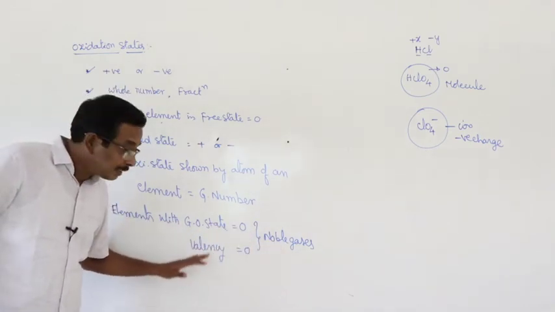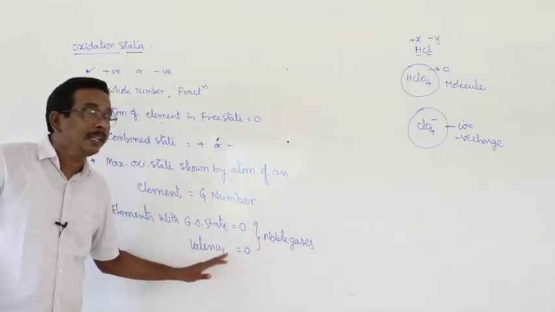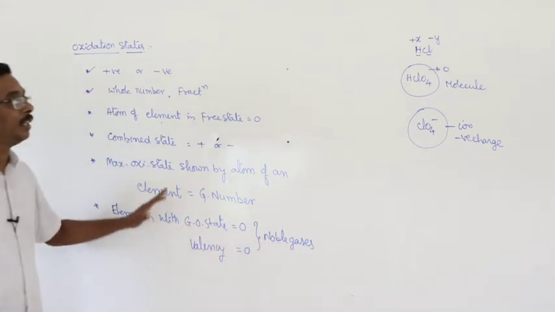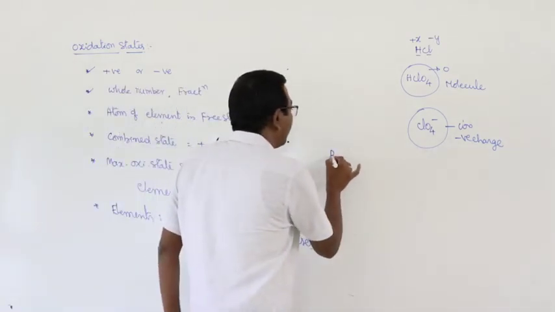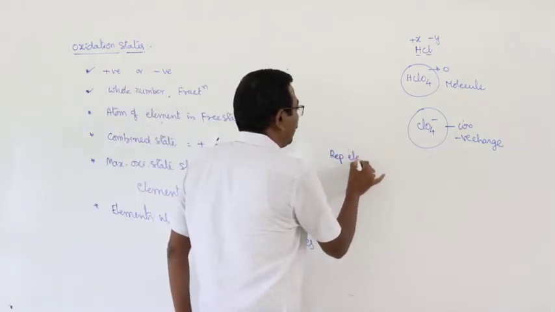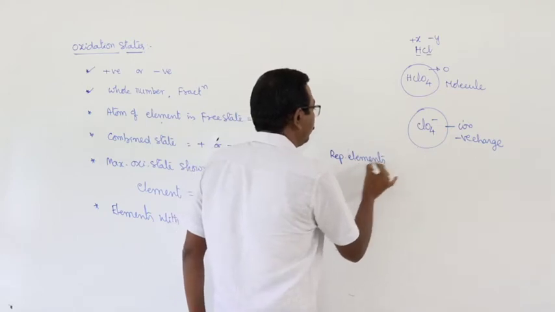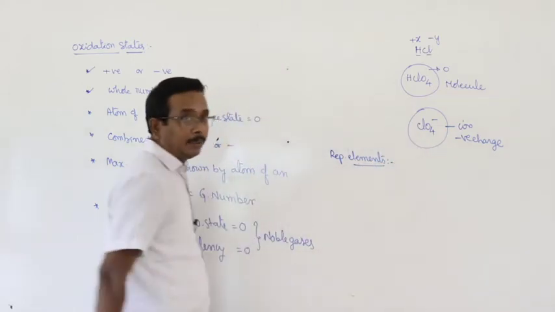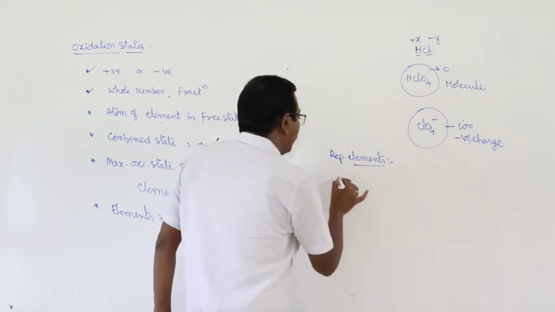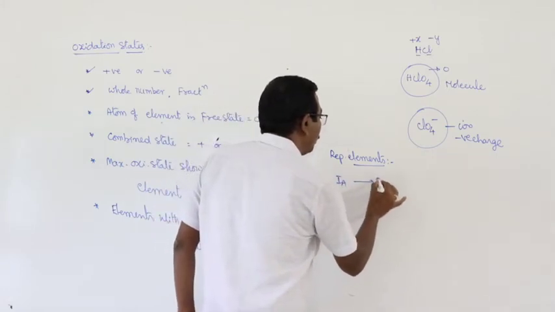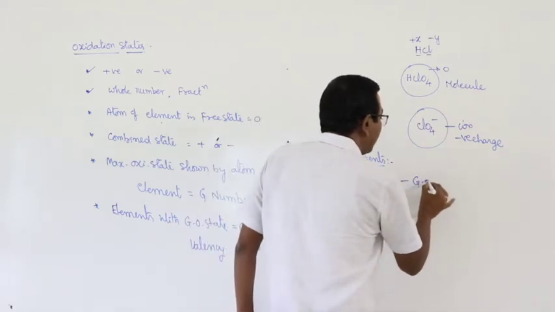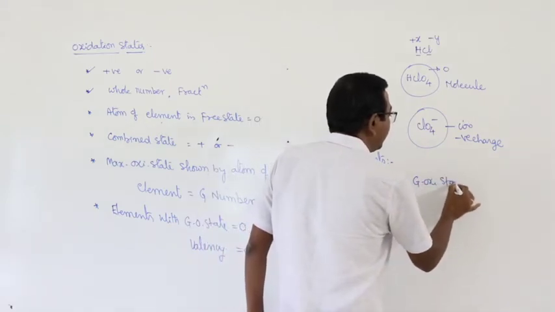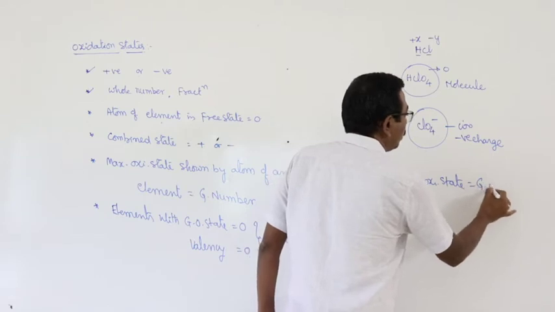The general valency of the noble gases is equal to 0, meaning they don't have combining capacity with other elements. And in the case of representative elements, from 1st A to 5th A group elements, the general oxidation state is equal to the group number.